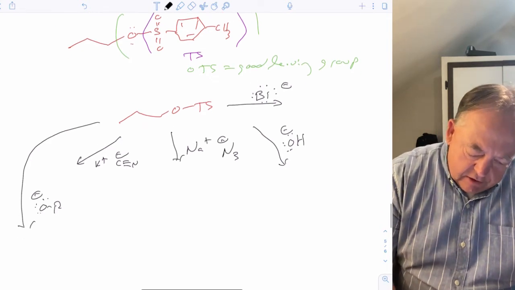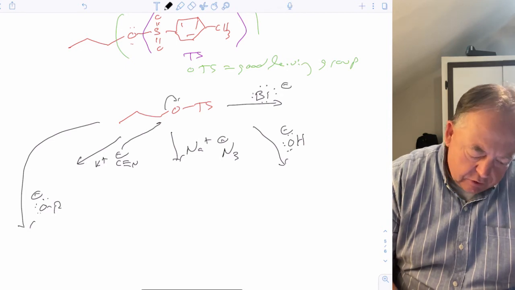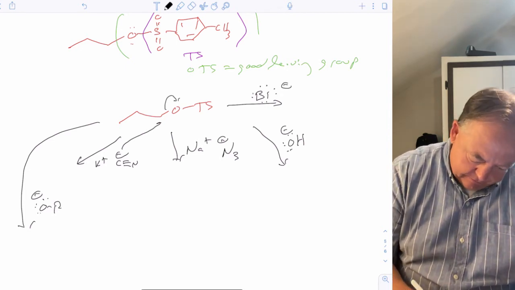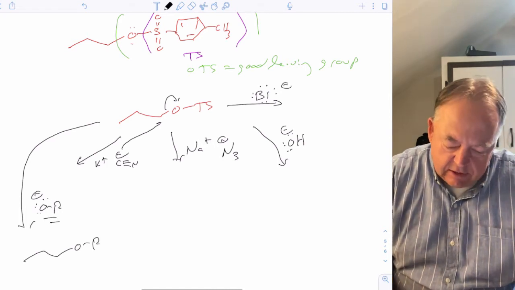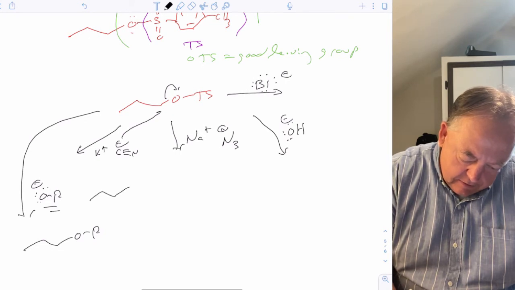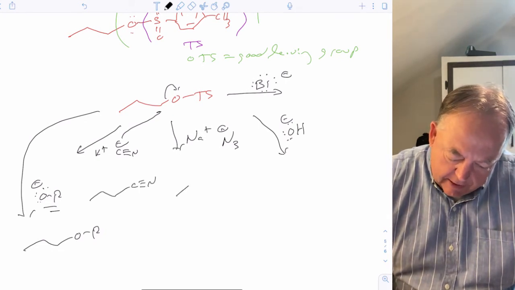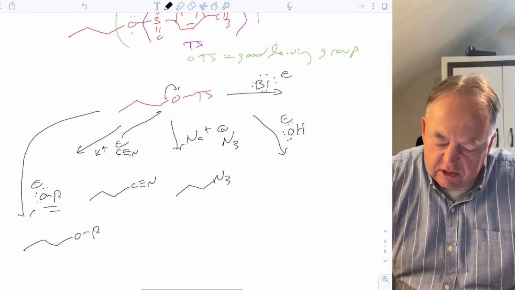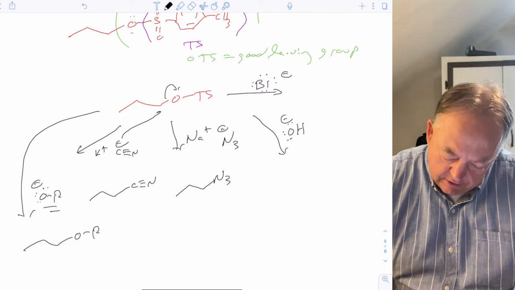Basically any of these nucleophiles will attack this carbon and kick off the OTs group. So if your nucleophile was OR minus, then you would make an ether. Or if it's CN minus, you would make a nitrile. Or if it's N3 minus. Basically just take the nucleophile and put it where the OTs group is, and that's your product.